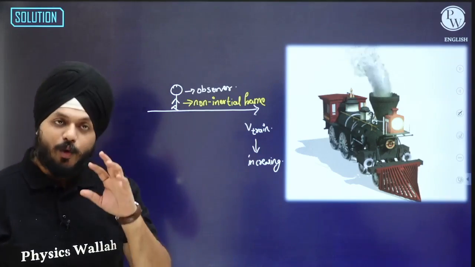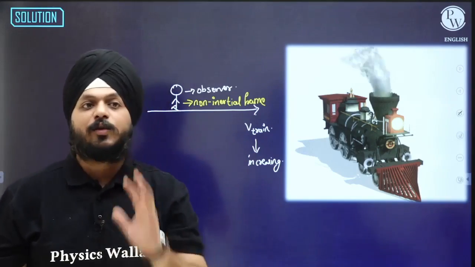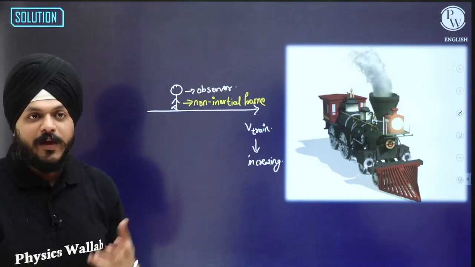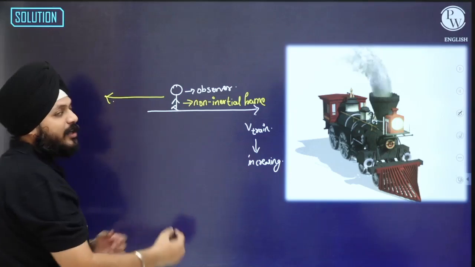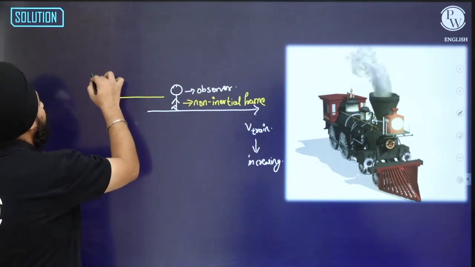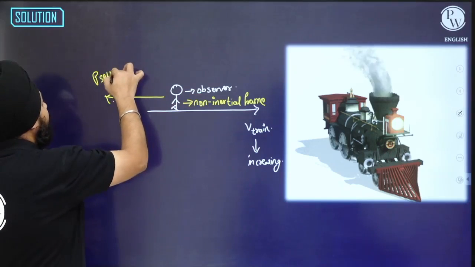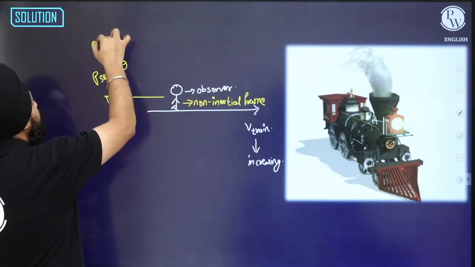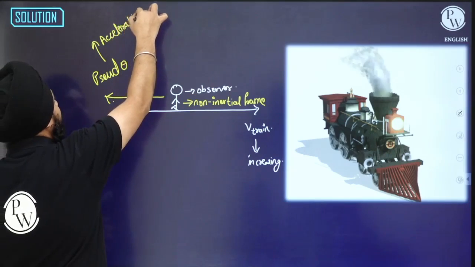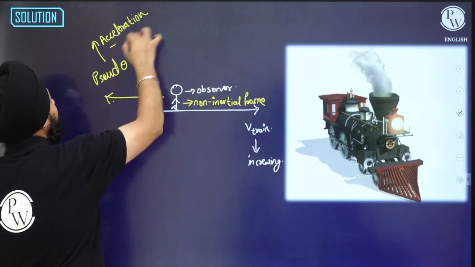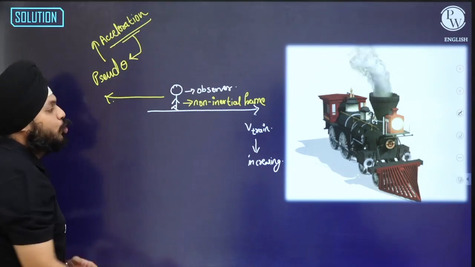So here Newton's laws are not applicable. What we have to do is apply one pseudo force in the reverse direction of the observer. And there will be one acceleration because of this pseudo force when she is throwing up the apple.